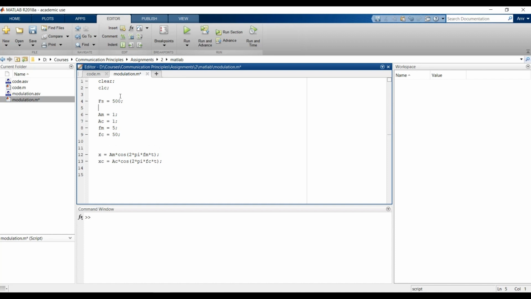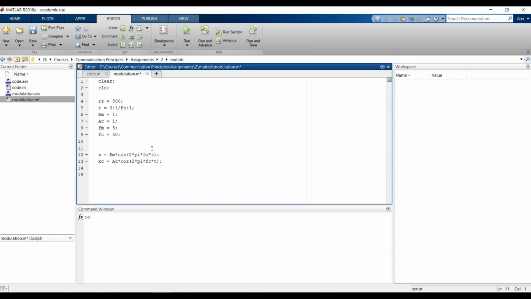So a 500 sampling frequency. Then we can create our time axis. To do that, we will just do it like this, starting from 0, stepping by 1 over fs, the sampling period, and then ending with 1. So this is a time axis for 1 second.